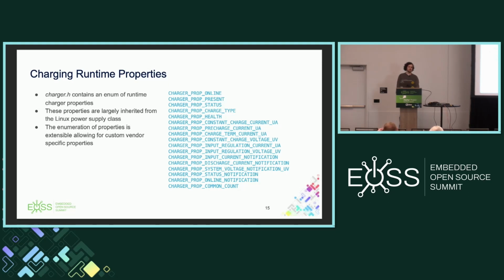This is a pattern that you see throughout Zephyr where there'll be various properties tied to a subsystem, and there'll be a common count, and anything beyond the common count is an out-of-tree extension of the existing properties.